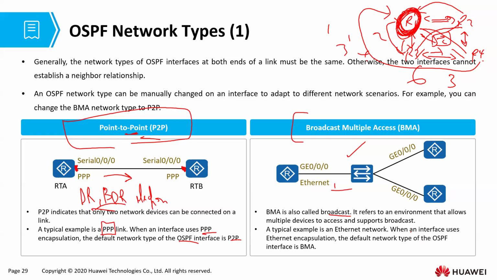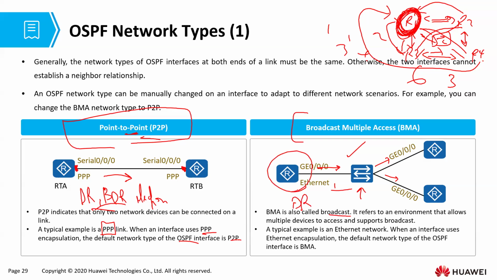So this one is a bit different from a point-to-point, because if I broadcast here, the switch will broadcast to these ones. The issue here is traffic and routers, it becomes a problem. That's why we need a DR here.